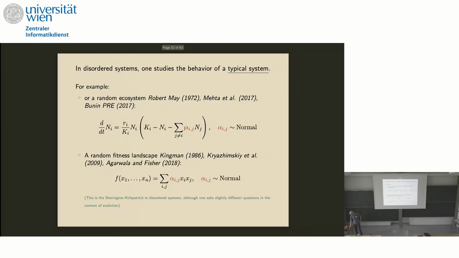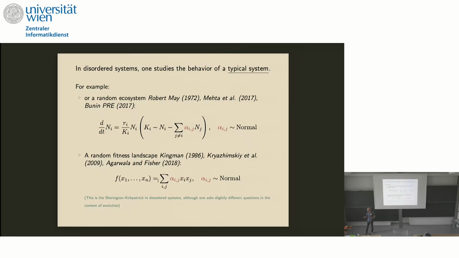And the same idea applies if we have a fitness landscape, where fitness is a function of the different genotypes. This could be 0 or 1, depending on whether there's a mutation on the ith site of the genome. I've just written one example of a landscape you could write down. It's going to depend on the products of the genome.